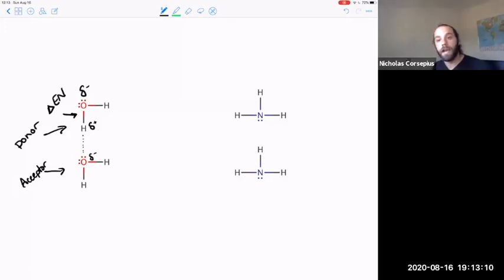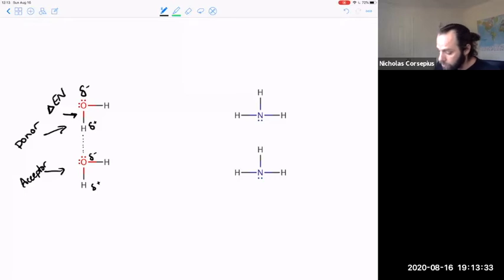That oxygen has a partial negative charge, pulling electron density away from that hydrogen. That hydrogen has a partial positive, right? So that's why when you're talking about hydrogen bonding, the strength of that hydrogen bond is first dependent on the difference in electronegativity between whoever's bound to the hydrogen, in this case, oxygen.